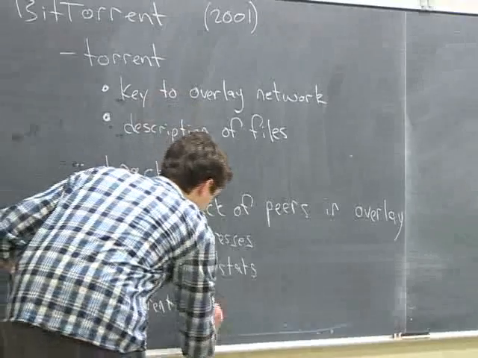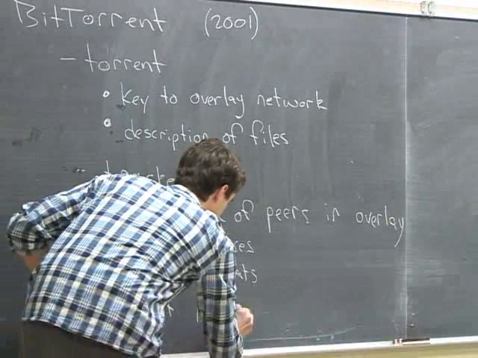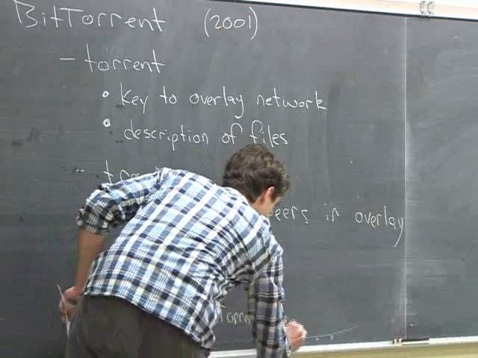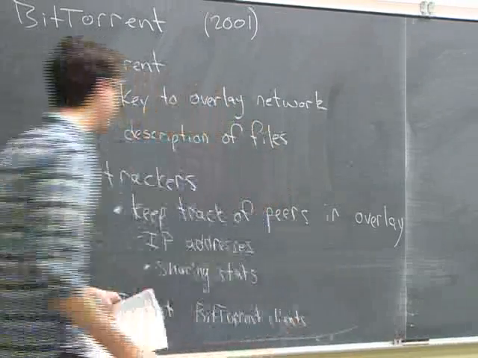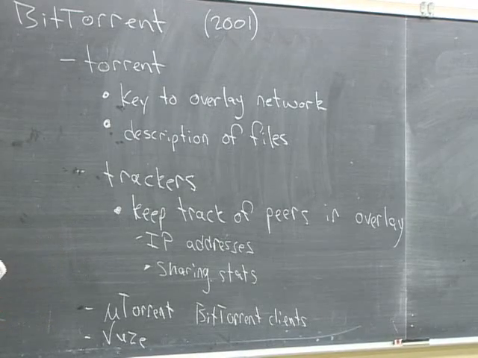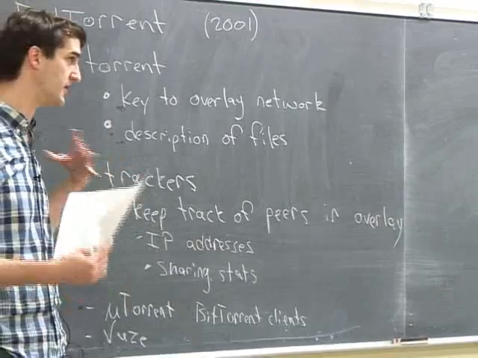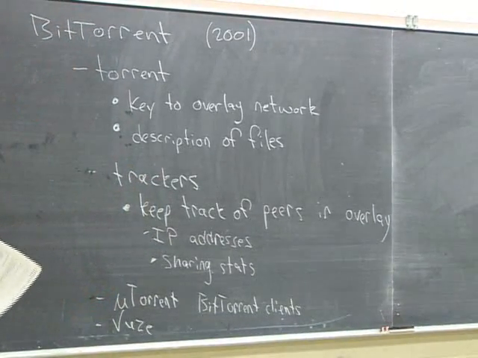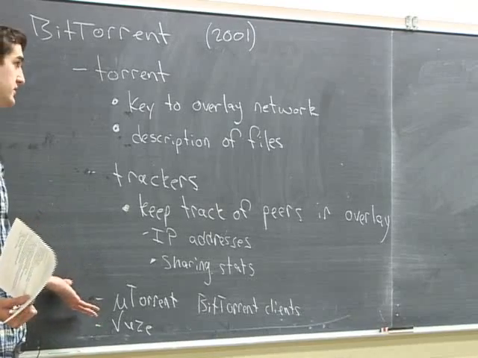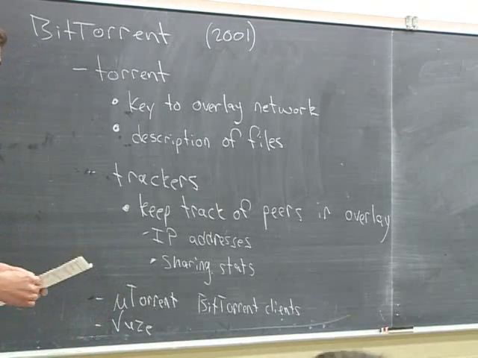So these are BitTorrent clients. The BitTorrent protocol is an open specification, so you can go online and look up every single detail of it, and then implement it yourself and make your own client if you want, okay? And so these are just a few different implementations.